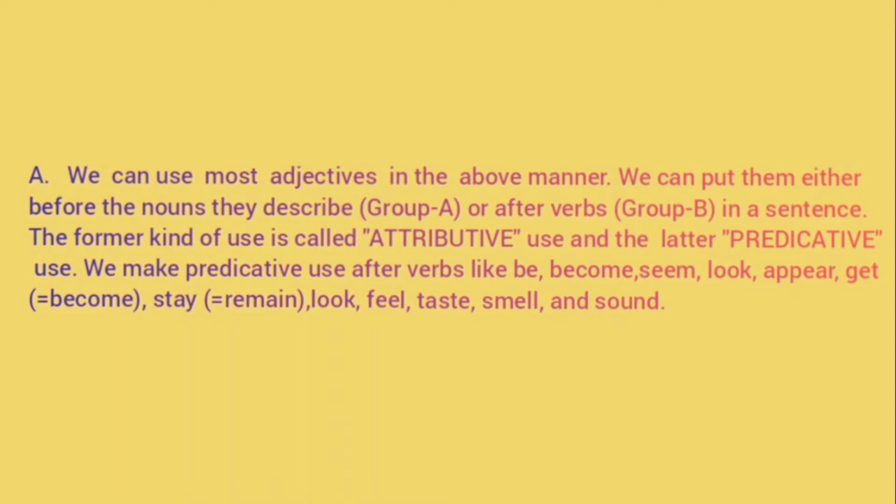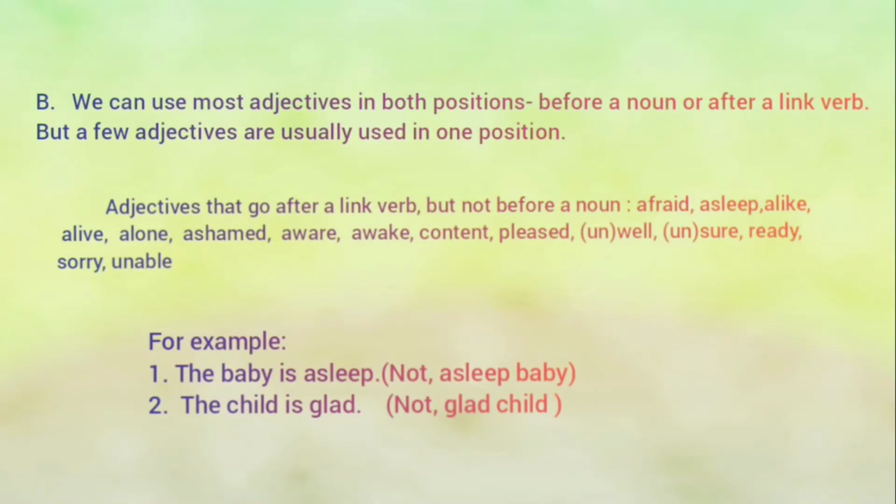These are some of the link verbs after which we use the predicative adjective, or the adjectives are used in the predicate part. We can use most adjectives in both positions, before a noun or after a link verb. But a few adjectives are usually used in one position.